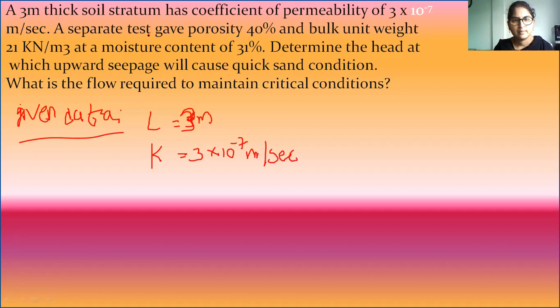And a separate test gave porosity 40%. What is the symbol of porosity? Porosity n is equal to 40%, that is equal to 0.4, that is 40 by 100. And bulk unit weight, what is the symbol of bulk unit weight? Gamma is equal to 21 kilonewton per meter cube.